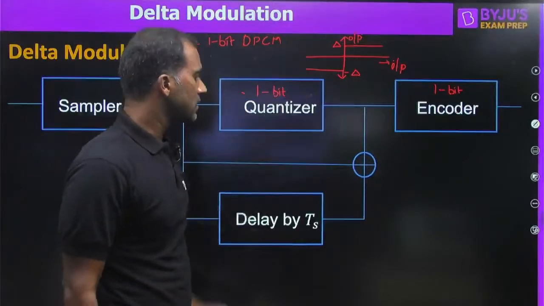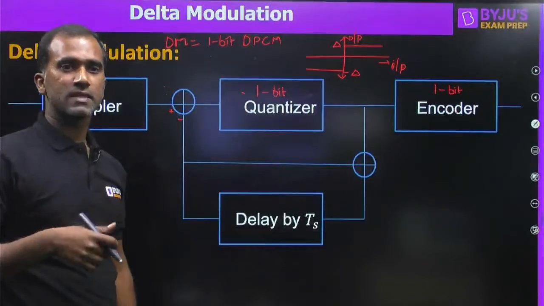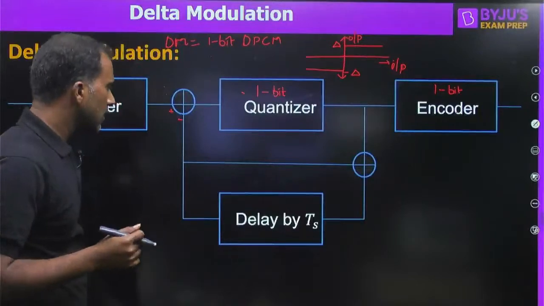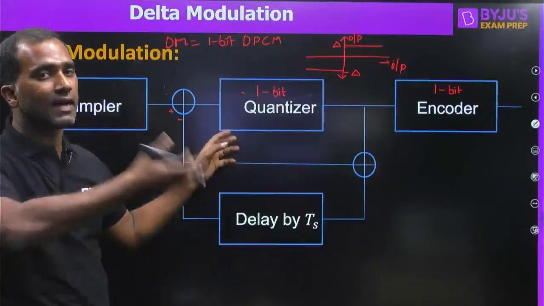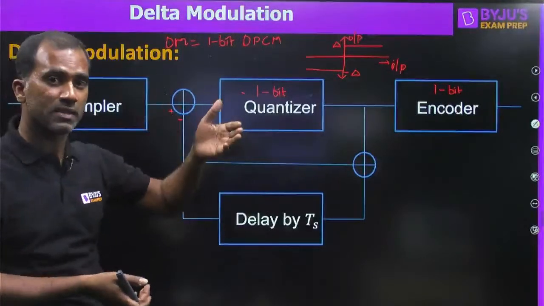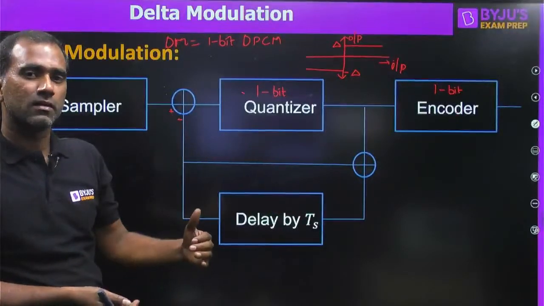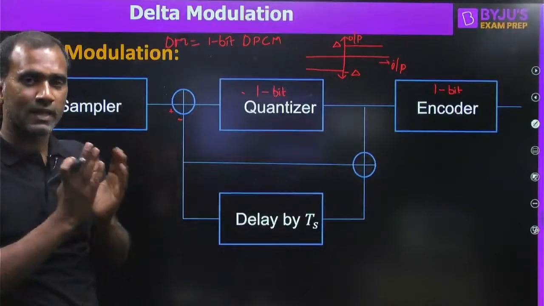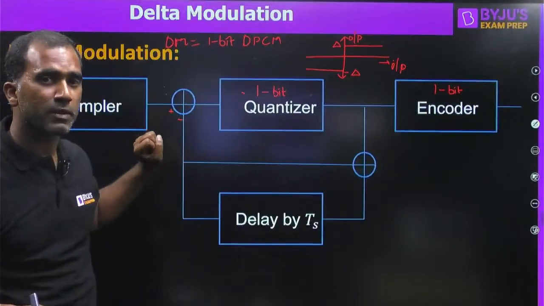Before that, let us recollect one more point that we discussed in yesterday's session. Whatever signal we are going to receive at the delta modulator receiver or a DPCM receiver, just before the low pass filter, that signal is the same as the feedback signal here. Do you remember that point?